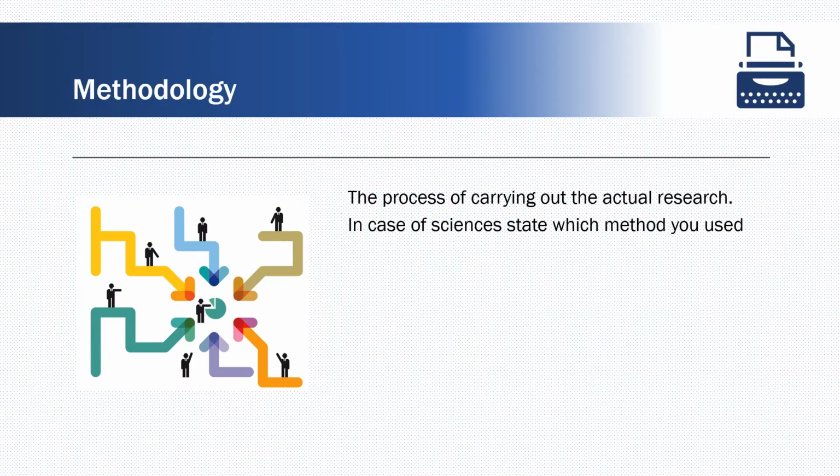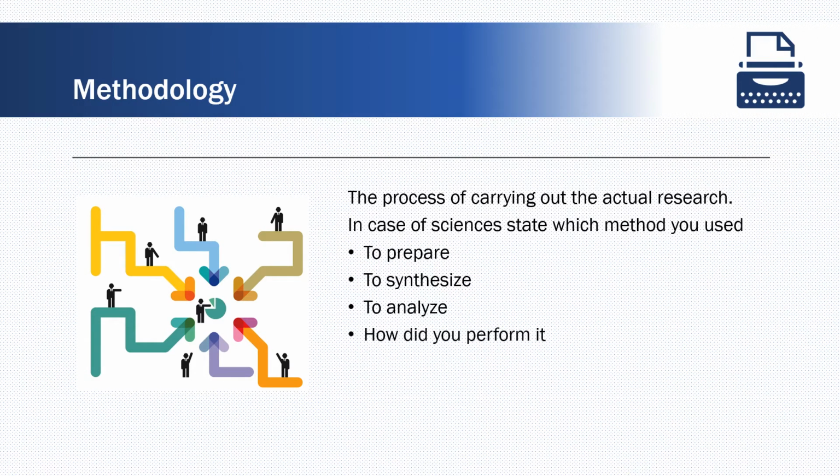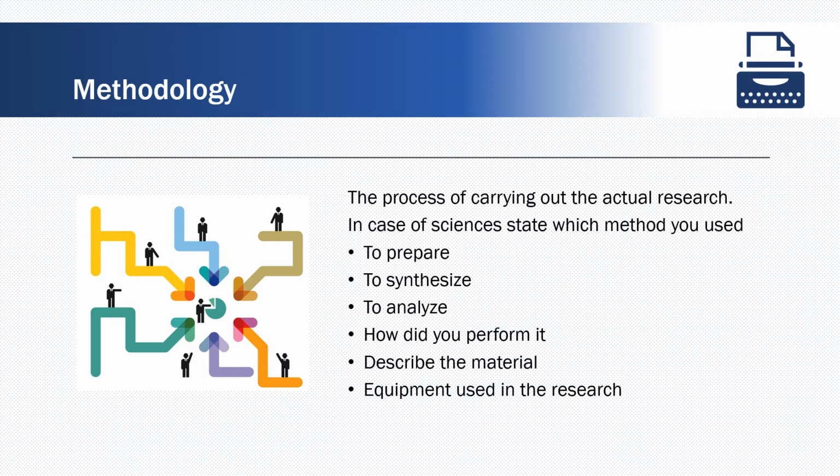Now moving to the methodology. Methodology involves the process of carrying out the actual research. In the sciences, we mention how to prepare, synthesize, analyze, and how we performed it. It also describes the material and the equipment used in the research.